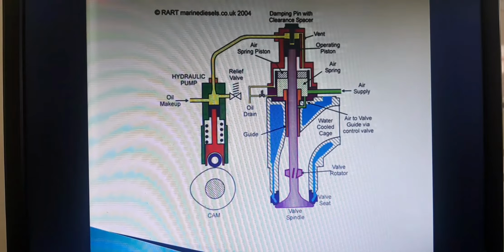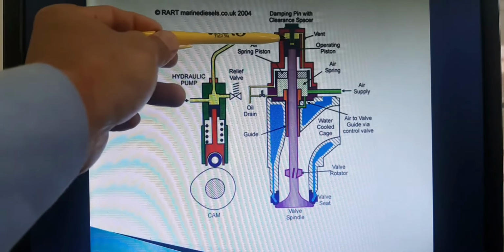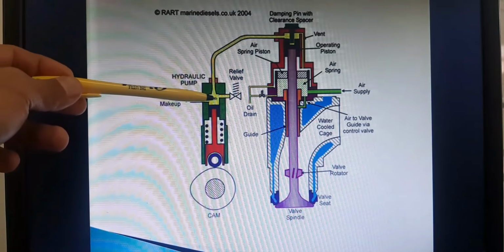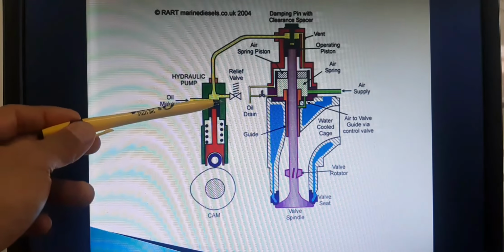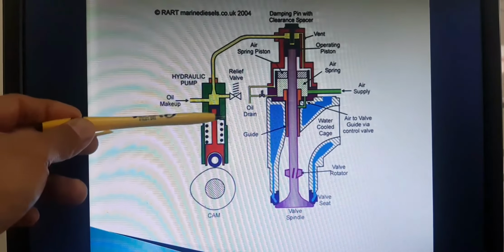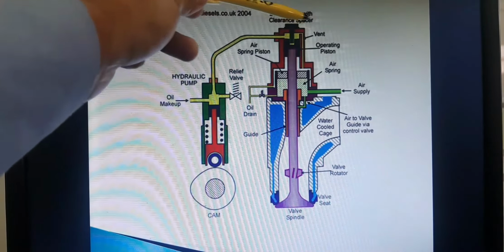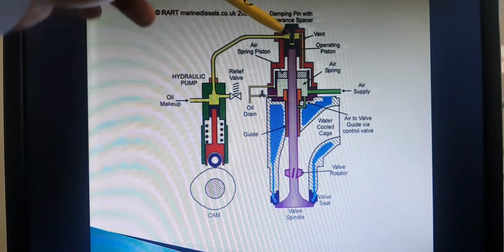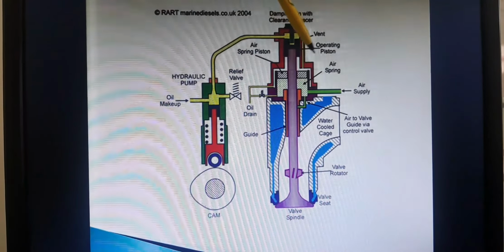Another example is we have the hydraulic. So oil now, when it flows through here, there is a transfer of motion because there is a cam now here and it pushes this piston, and when it compresses the oil or pushes the oil through that portion above the valve, the oil pressure tends to move this part, the operating piston.